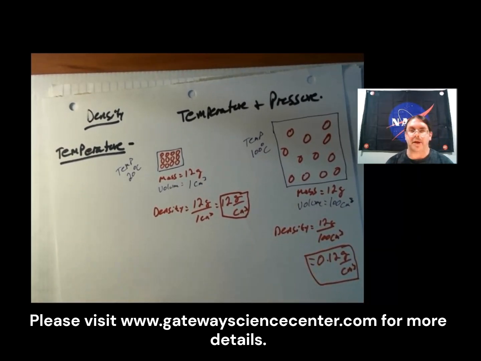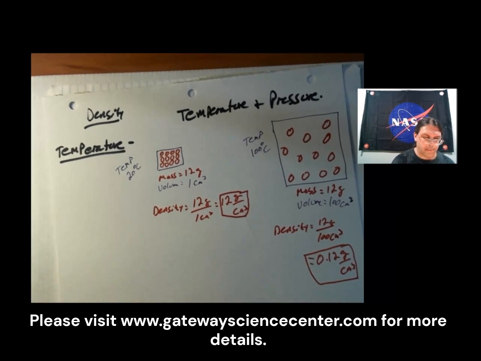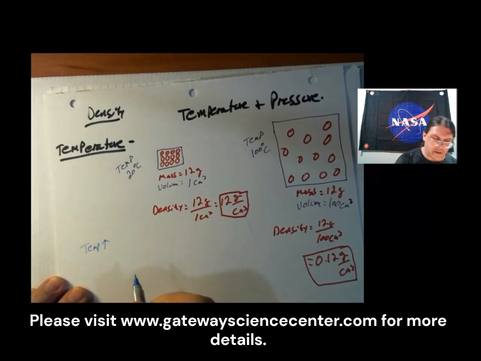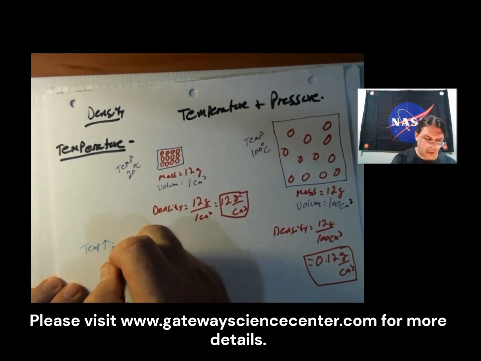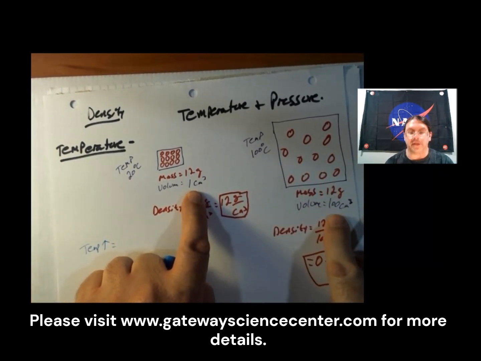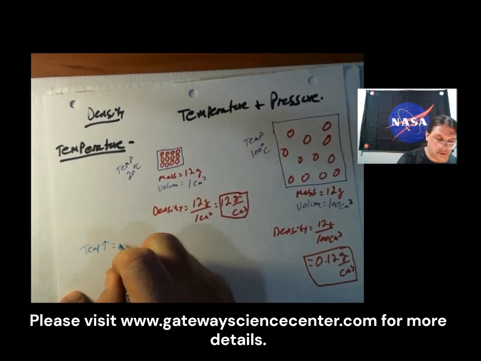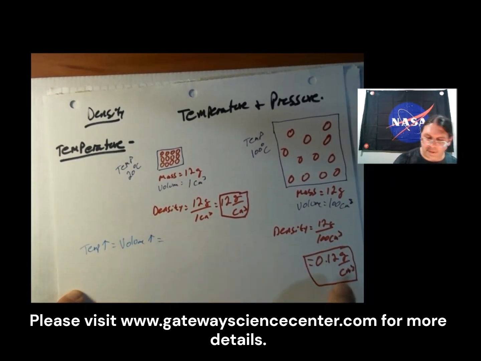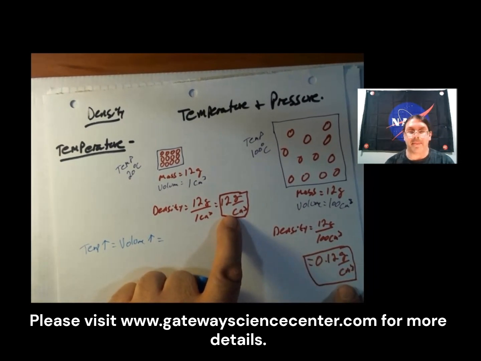So what happened here? My temperature increased, and what did that increase in temperature cause? My volume to increase. And what happened to the density when that happened?